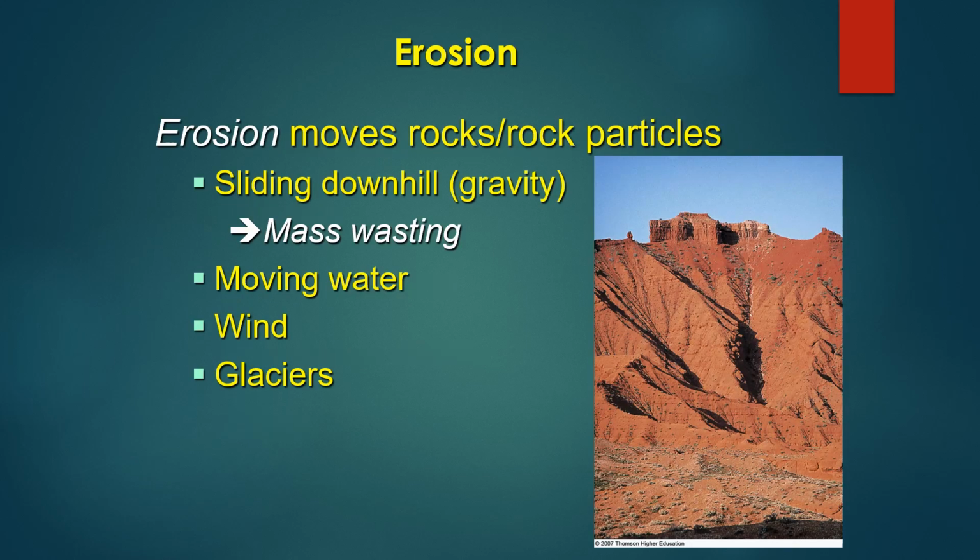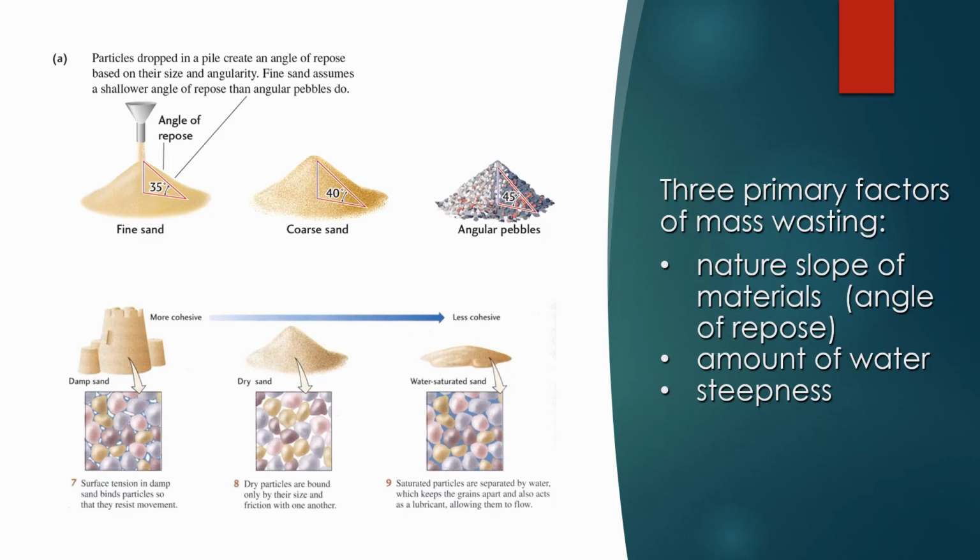So that is all about weathering. Now let's take a look at erosion again. We mentioned that erosion is removing sediments from their original locations due to gravity or different types of fluids, such as wind, water, and glacier. Mass wasting is the erosion of a large amount of material in a short period of time due to gravity.